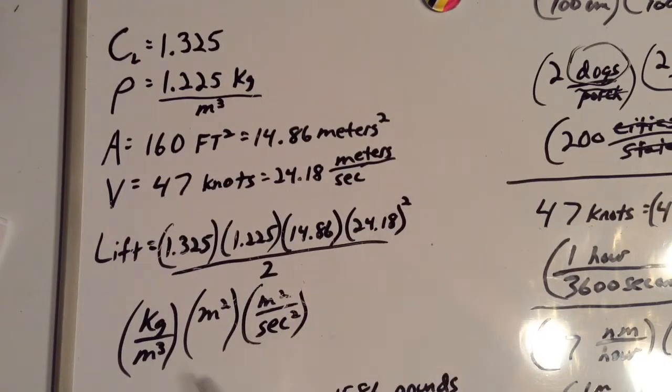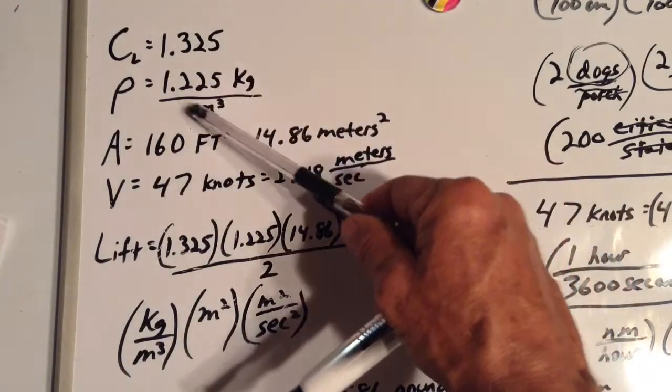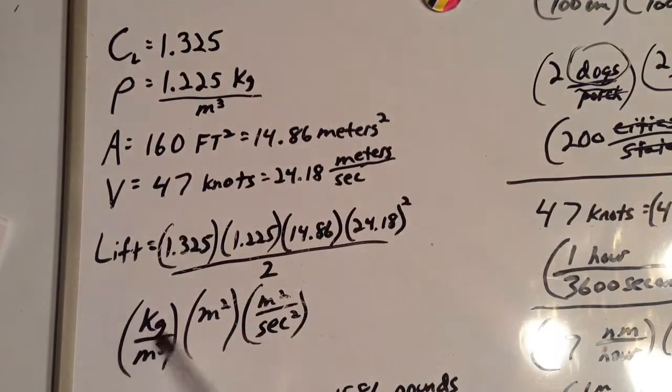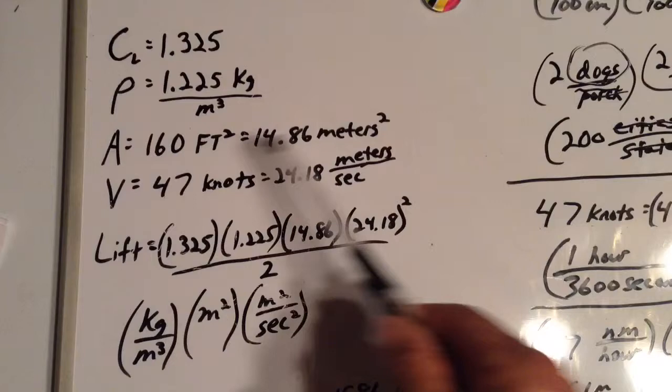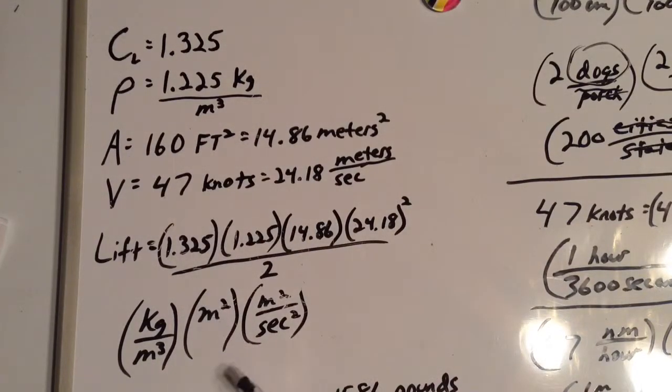Now our units are going to be kilograms per cubic meter for air density, meters squared for wing area, and meters squared per second squared for velocity squared. So what we're left with is, well, meters squared times meters squared is meters to the fourth.